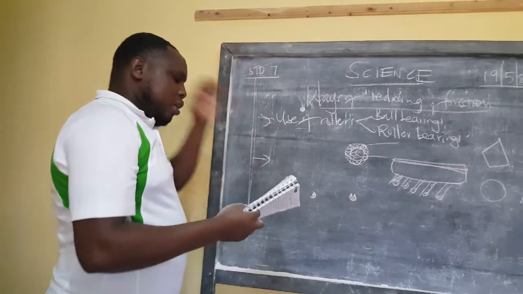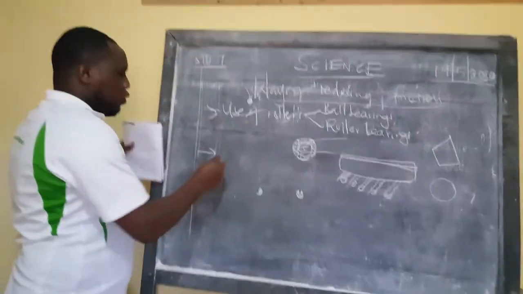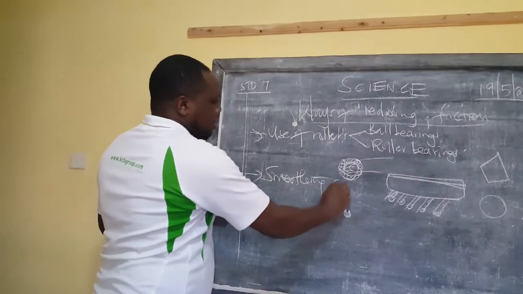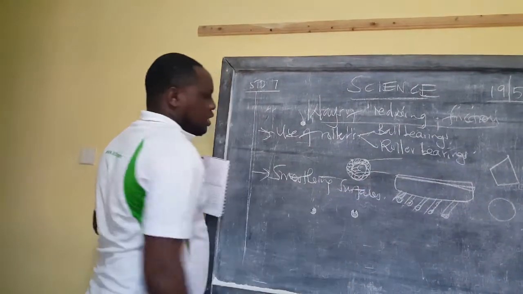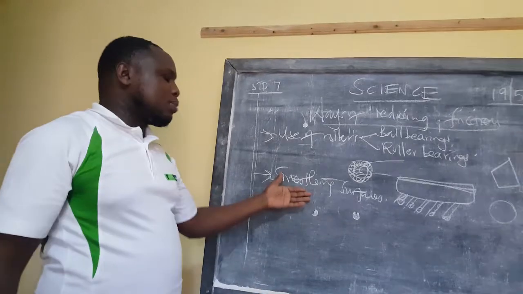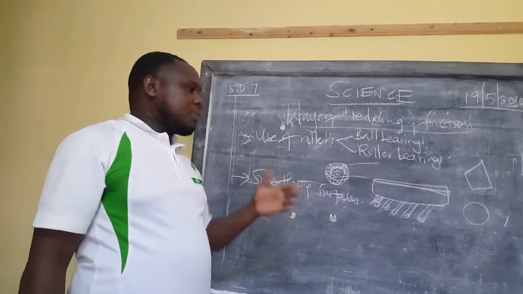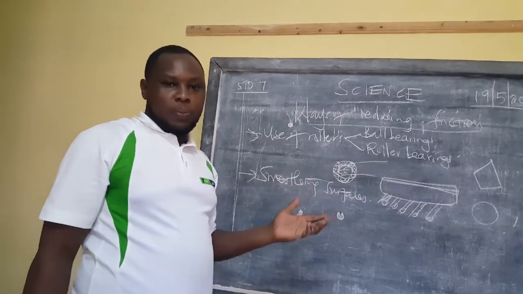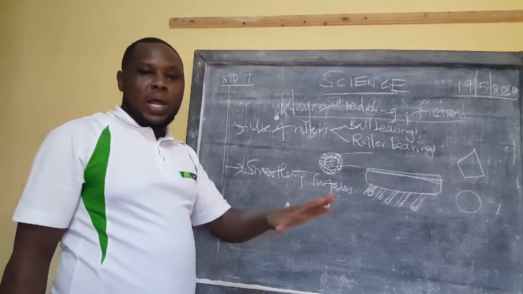The other way of reducing friction, of course, is smoothing surfaces. We have talked about roughening surfaces, so the opposite of that is smoothing surfaces. Sometimes you go to the fundi, and after he has done the table, the table is then polished so well.